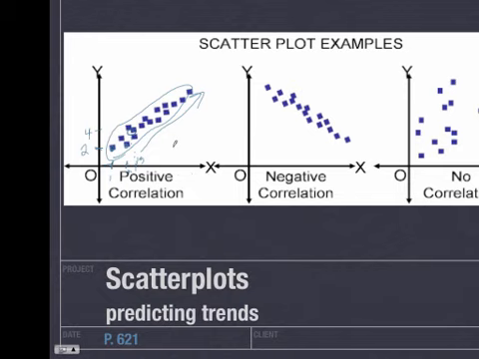The opposite is a negative correlation, where again, if we just kind of lasso these dots here, this point right here may represent a y of, say, 8 and an x of 2, okay?